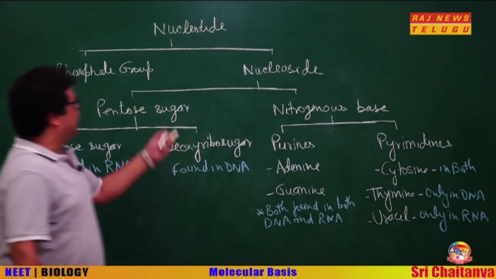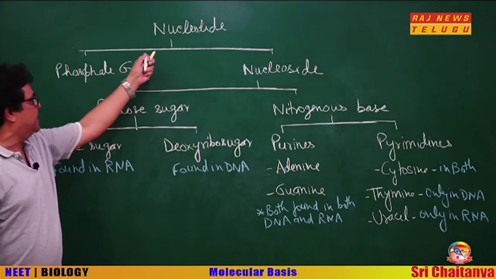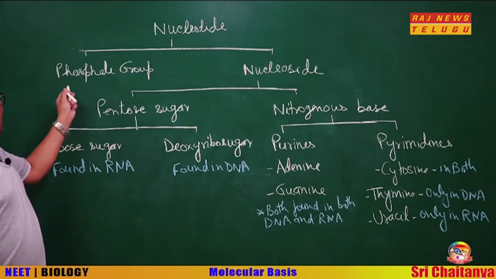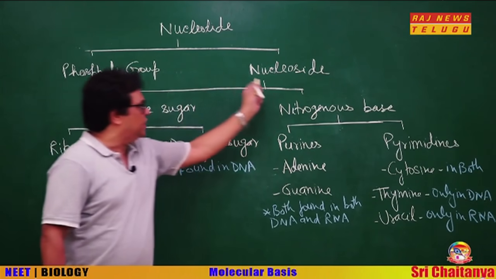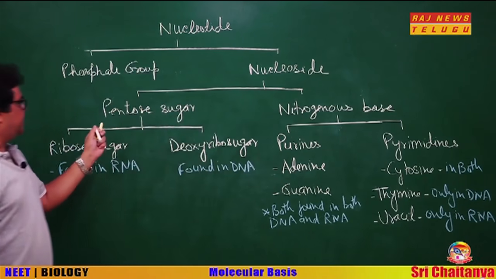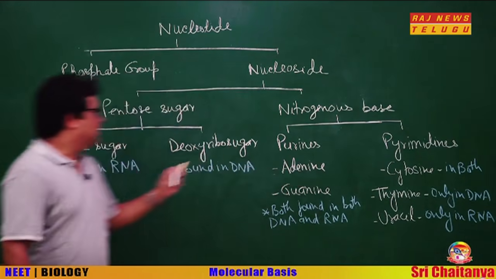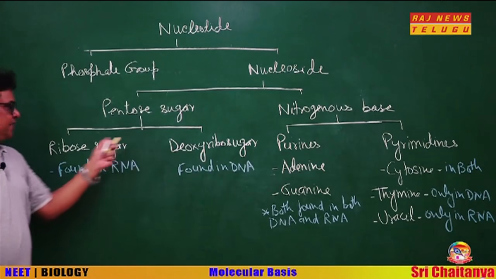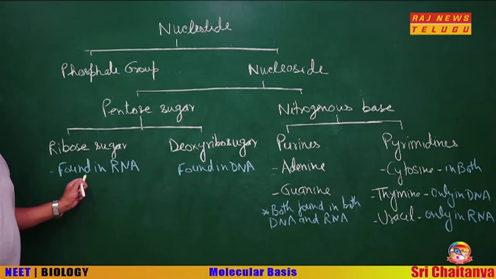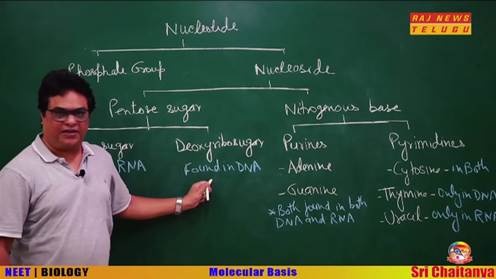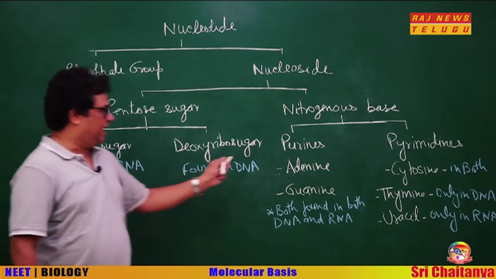So these are the various constituents of nucleotides. Again, see, nucleotide consists of two parts, phosphate group and nucleoside. Nucleoside consists of two parts, pentose sugar and nitrogenous base. Then pentose sugar are of two types, ribose sugar found in RNA and deoxyribose sugar found in DNA. Okay.